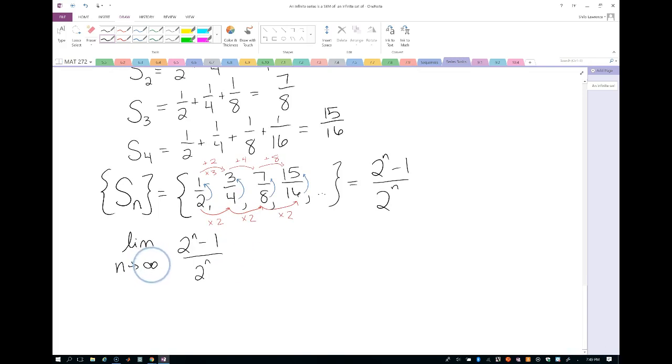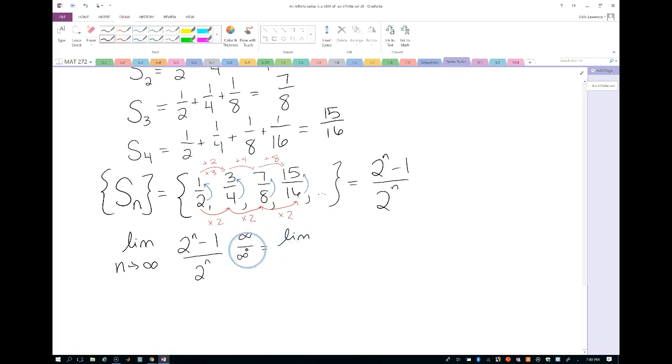If you think about what happens as you plug very, very large numbers in for n, all you're going to get is a huge number in the top and a huge number in the bottom with just a difference of 1. Technically that would be infinity over infinity, which is an indeterminate form, which means we could take the derivative of each and try again, and that's called L'Hopital's rule.